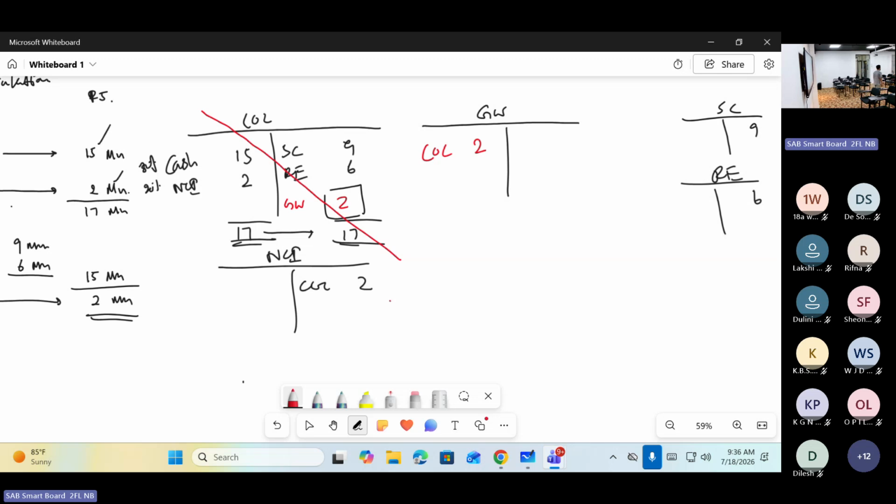Once you are doing the above goodwill calculation, we are supposed to understand three entries.